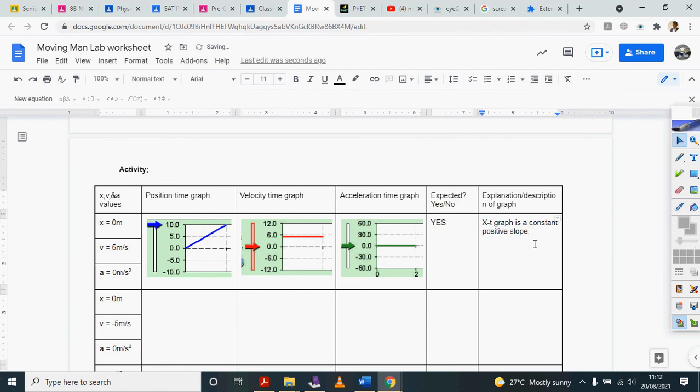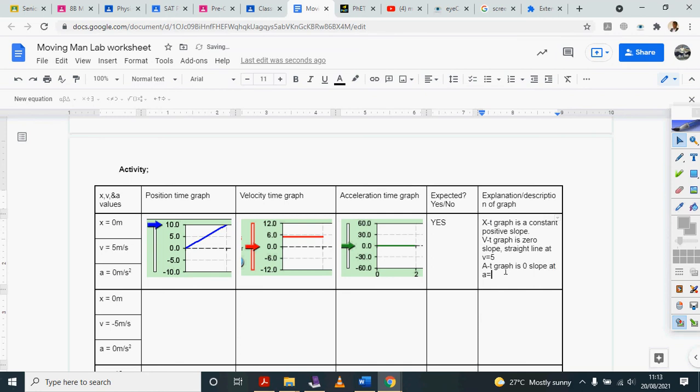The VT graph is zero slope, or a straight line at V equals 5. And the acceleration time graph, the AT graph, is again zero slope at A equals 0, right?